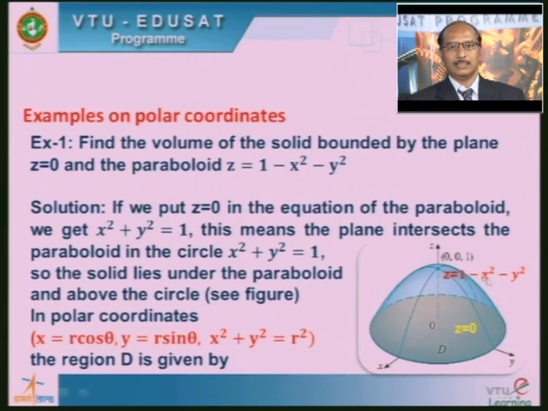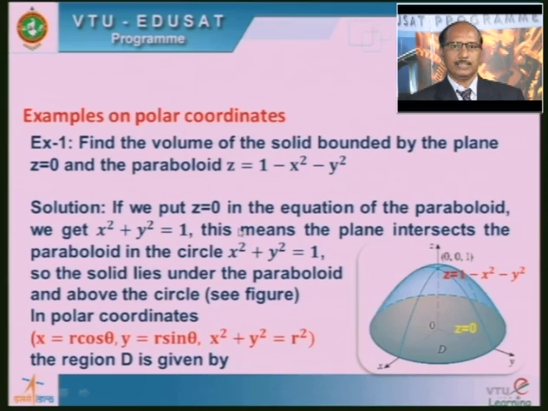The question asked is to find the volume bounded by the plane z equal to 0, which is the xy plane, and the paraboloid. So we have to find the volume inside.